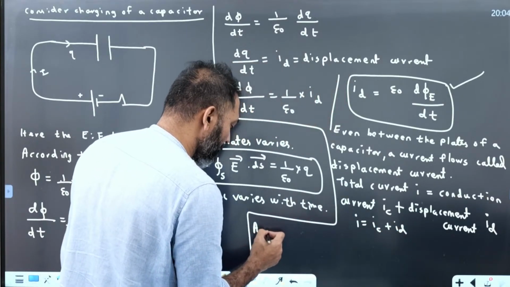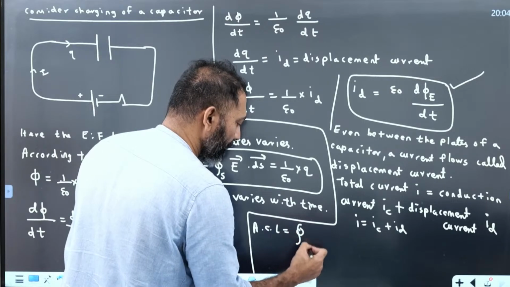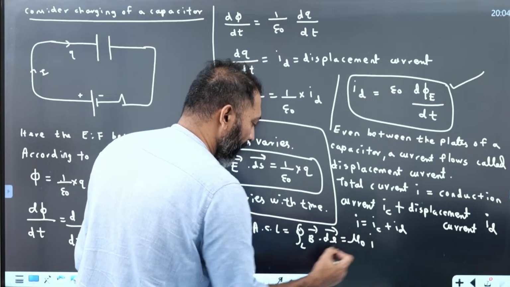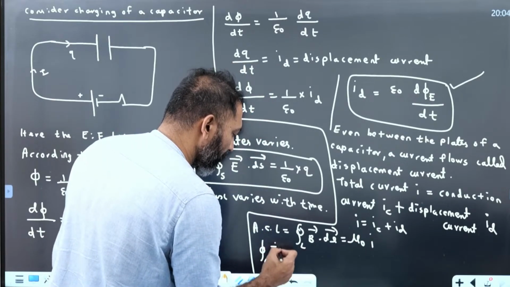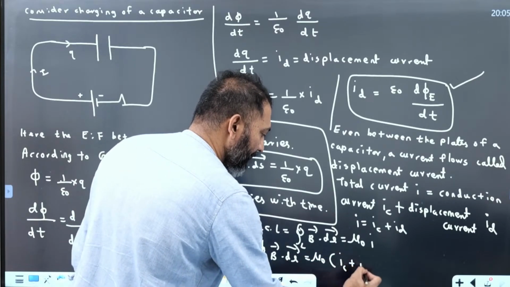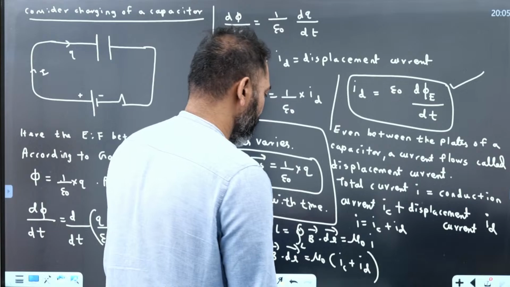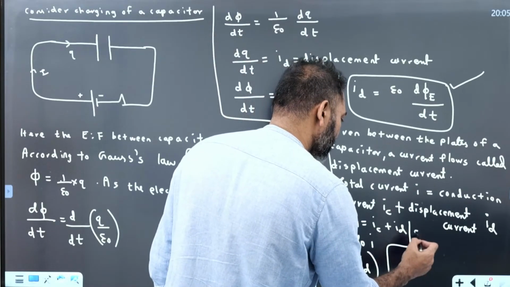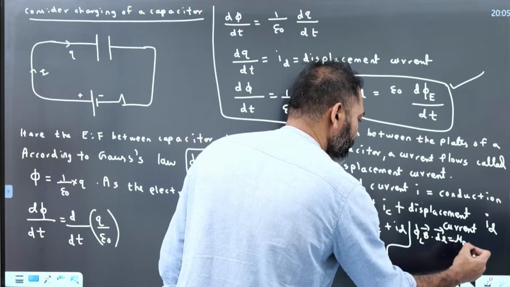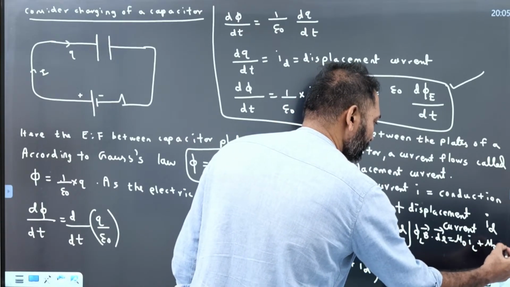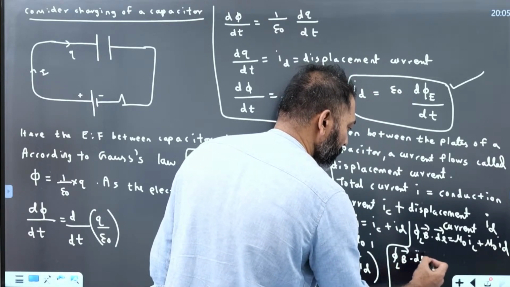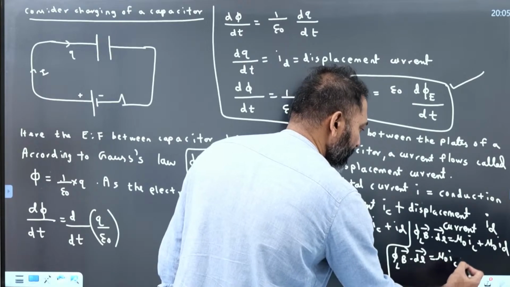So what is Ampere's circuital law? Integral over L B vector dot dl vector is equal to mu 0 I. Instead of I, I can write what? Integral over L B vector dot dl vector is equal to mu 0 into I_C plus I_D. That is mu 0 I_C plus mu 0 I_D.